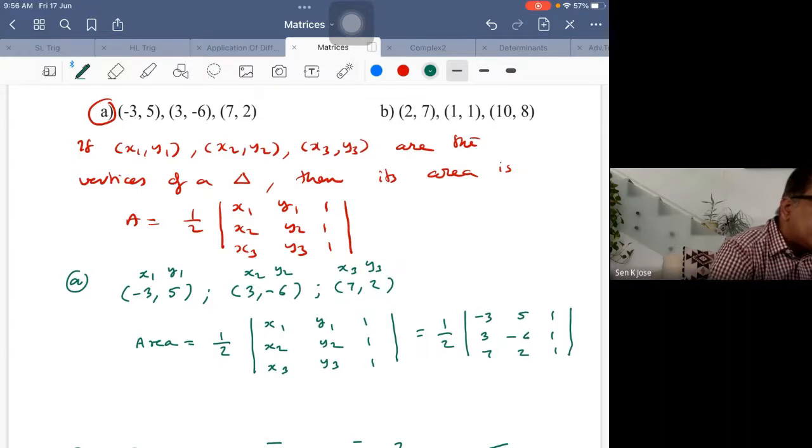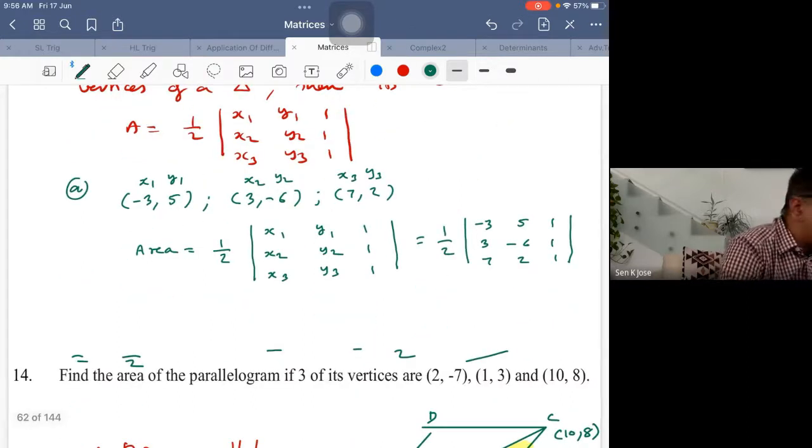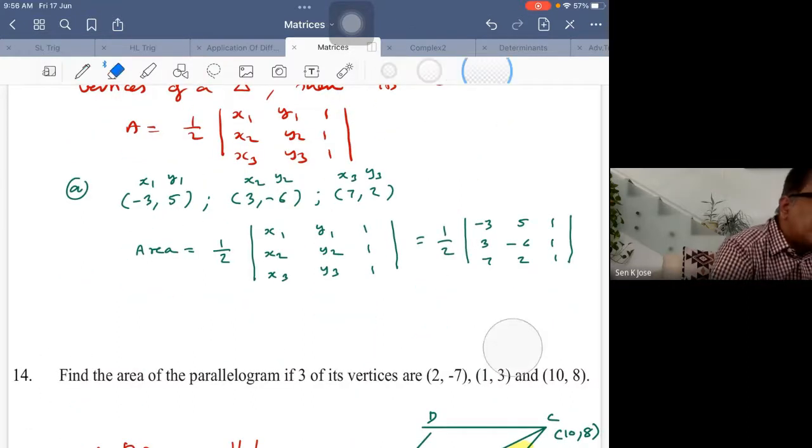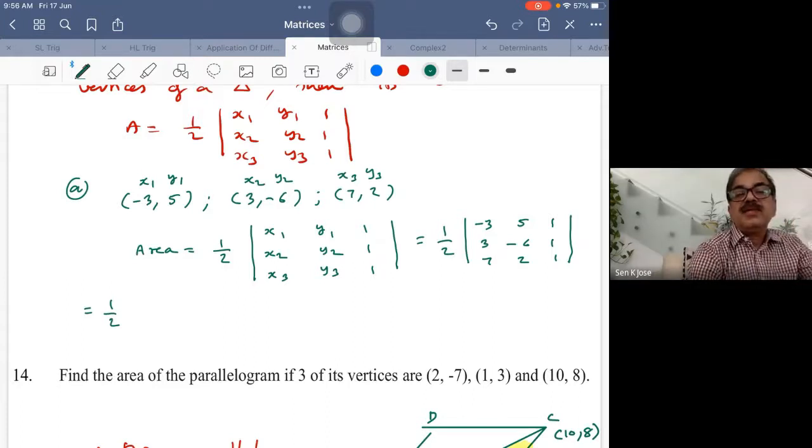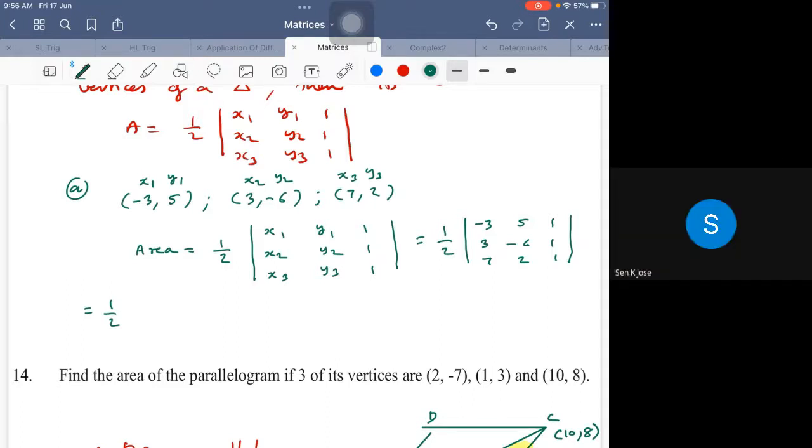Then you start expanding. It's just normal determinant expansion now for you. You should be able to do that. It's half into, go ahead and expand all of you, and you will get the answer. Just do it, expand it.